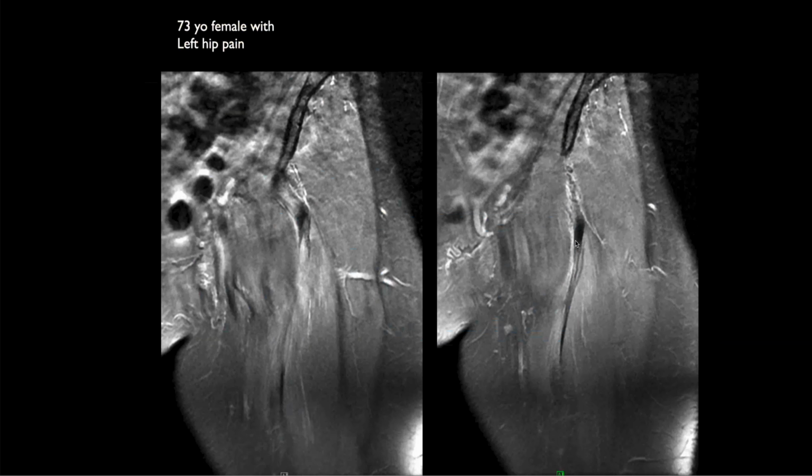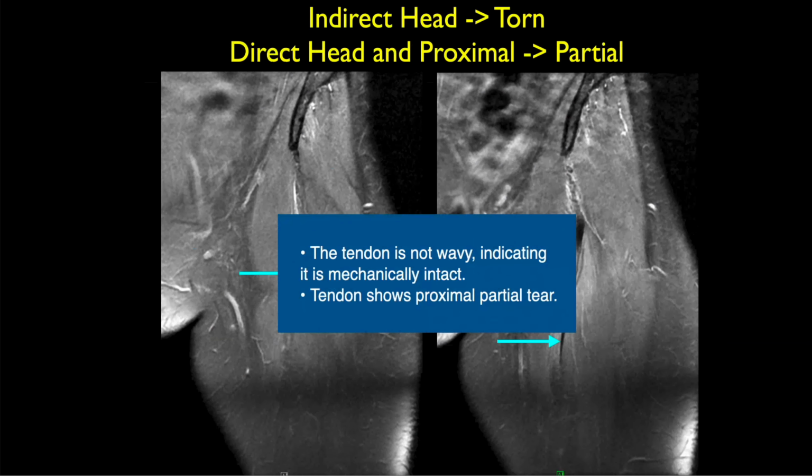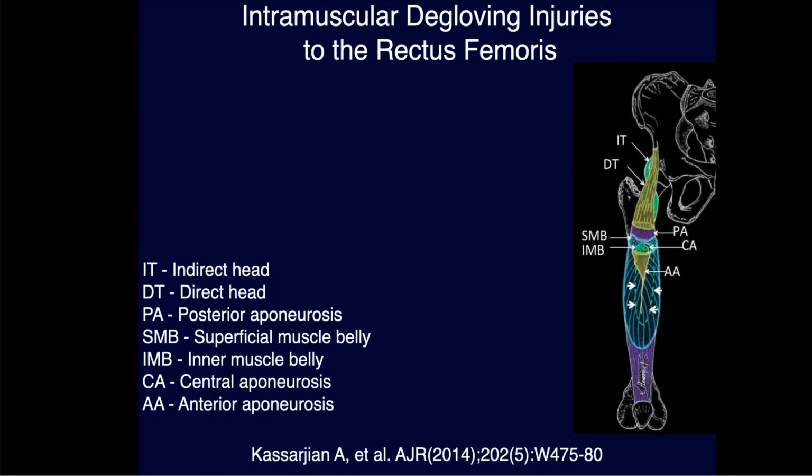Oh, I'm sorry. Here, this is that part. This is just partial volume of that. Well, there's supposed to be another one here showing an intramuscular tendon tear, which has a very wavy appearance, but I left that out. Sorry about that.